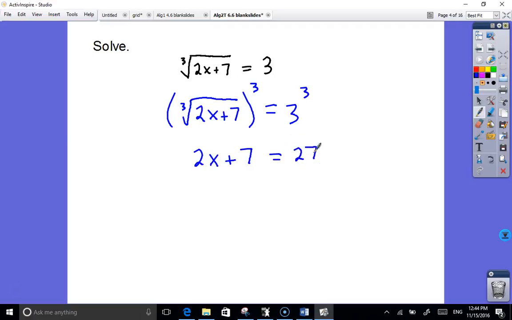So this is where you get to step 3, which is solve what's left. This is a basic algebra 1 kind of equation. Subtract 7, divide by 2. And again, you could check: 2 times 10 plus 7 is 27. The cube root is 3. It checks.